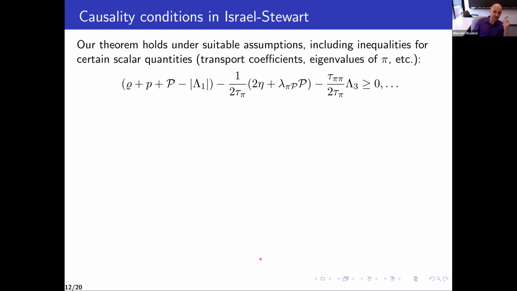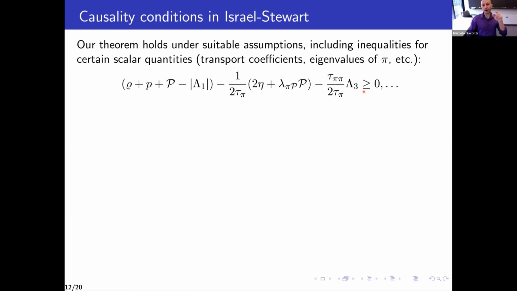In particular, this theorem that I just stated to you, it holds under suitable assumptions on scalar quantities of the problem. So there are certain inequalities that need to be satisfied for the theorem to hold. So here is just an example of one such inequality. You don't have to worry about what all these symbols actually mean. I just want to write one example for you to see that there are certain inequalities that go as assumptions in the theorem.